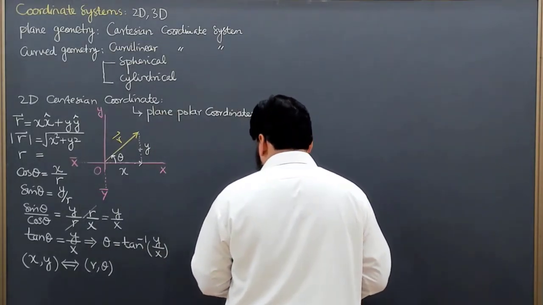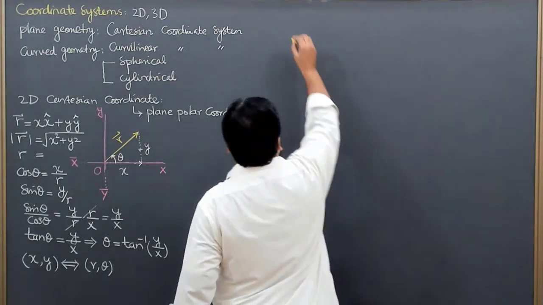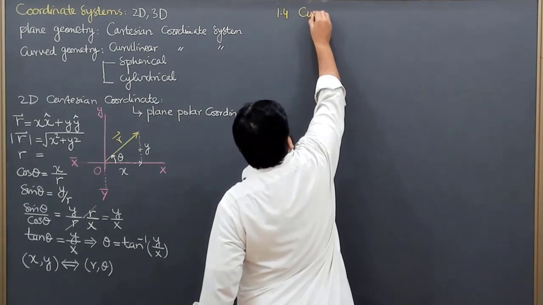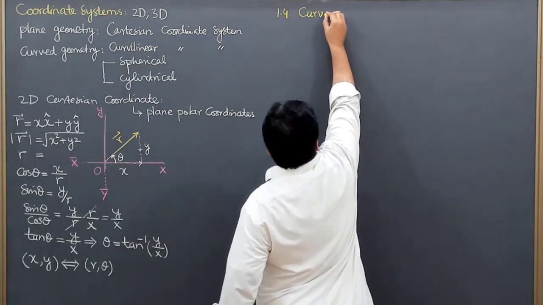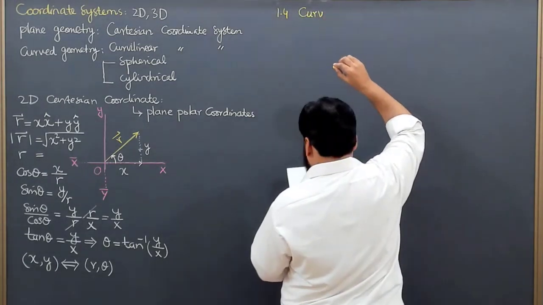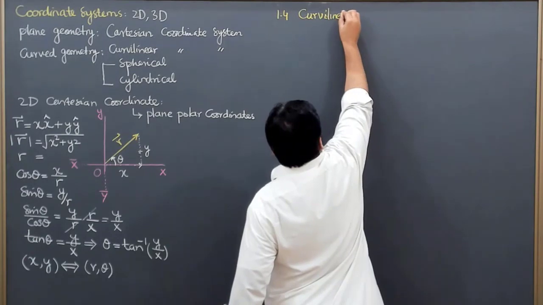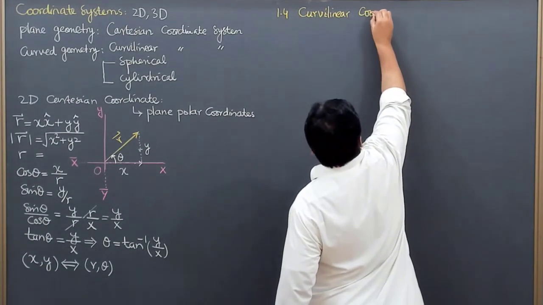In Griffiths, we are having the curvilinear coordinate system. This is section 1.4, curvilinear coordinates.